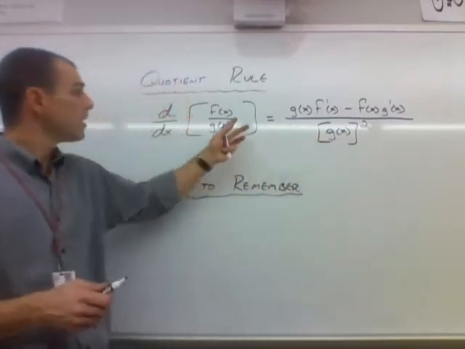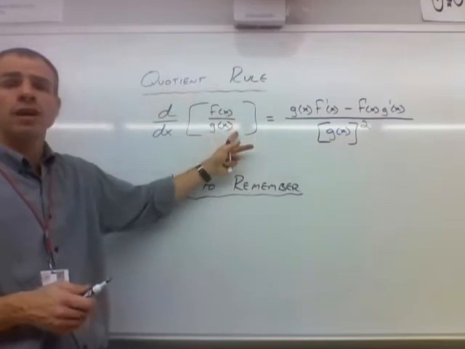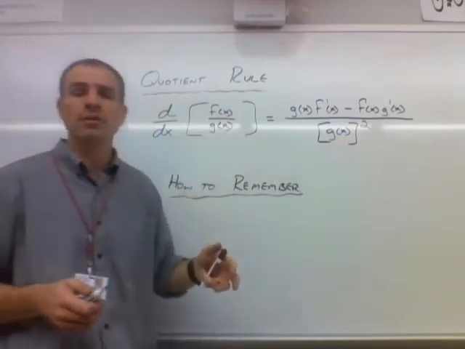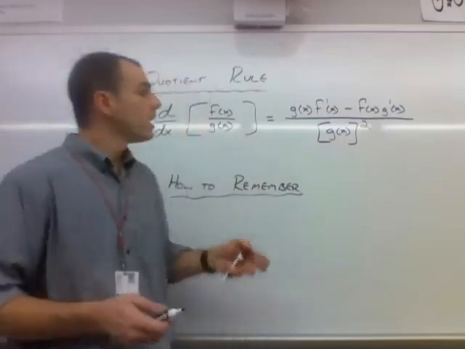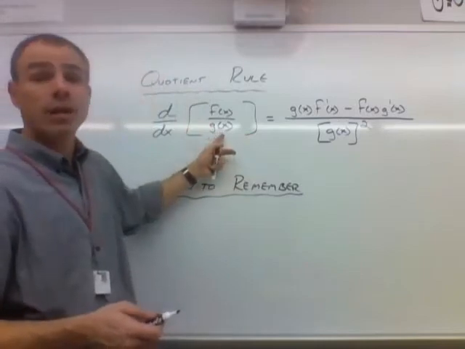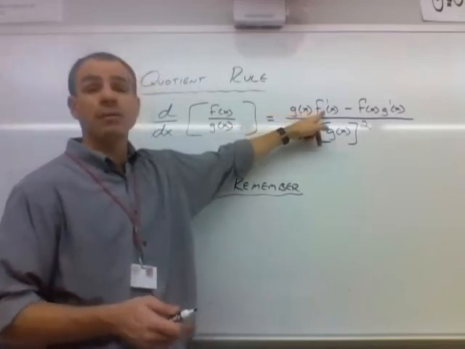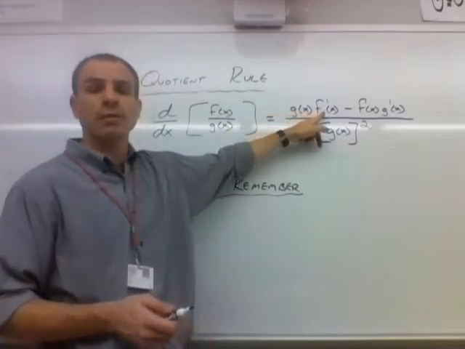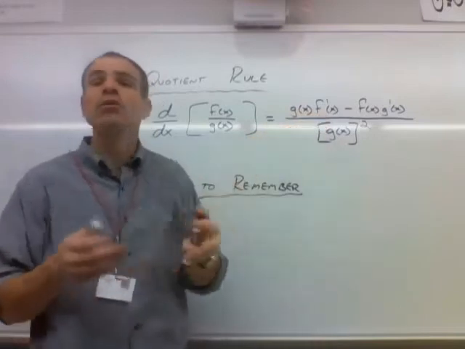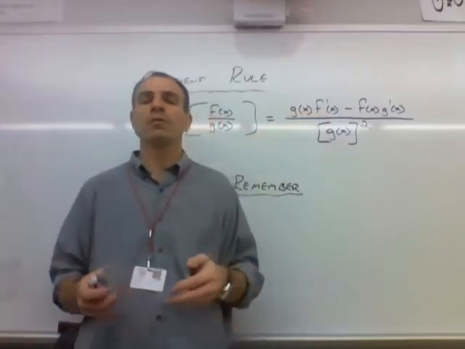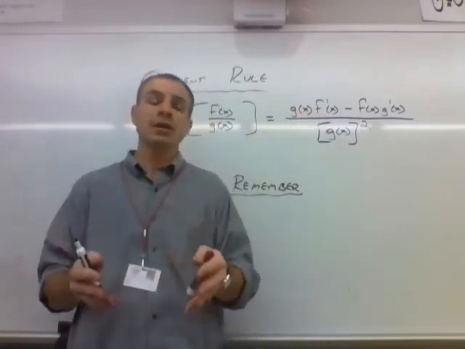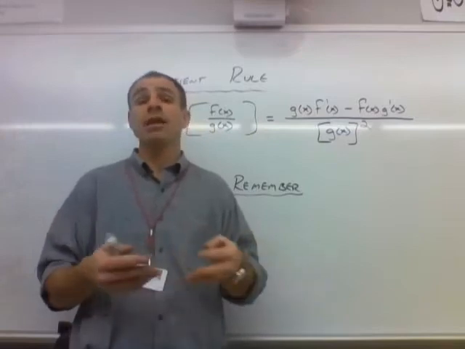All right, so here's the deal. F is in our numerator, g is in our denominator. So f and g are separate expressions. The way the quotient rule works is you start by taking your denominator and placing it up in the numerator of your derivative. You multiply it by the derivative of the original numerator. Kind of like what we were doing with the product rule. With the product rule, it was the derivative of one times the other plus the derivative of the second times the first.